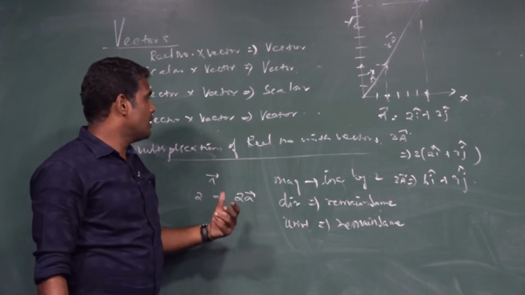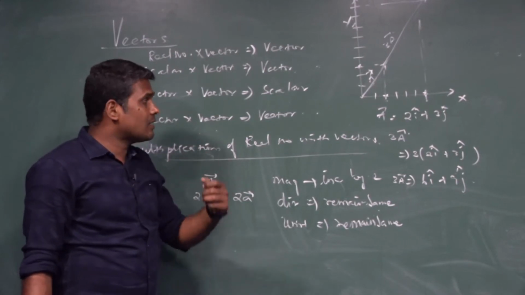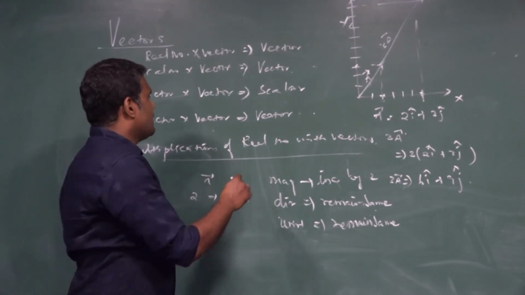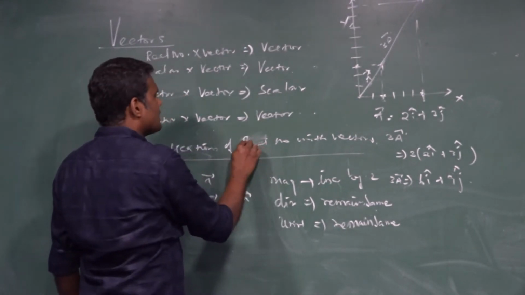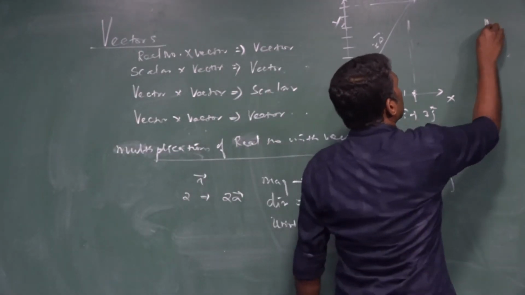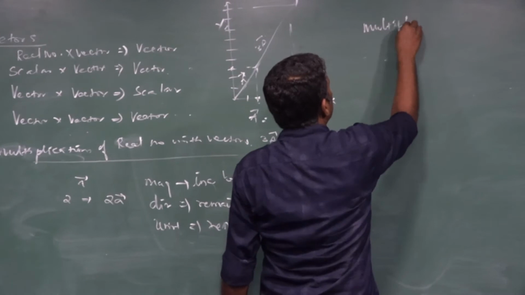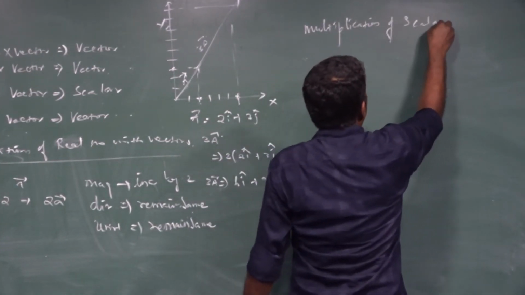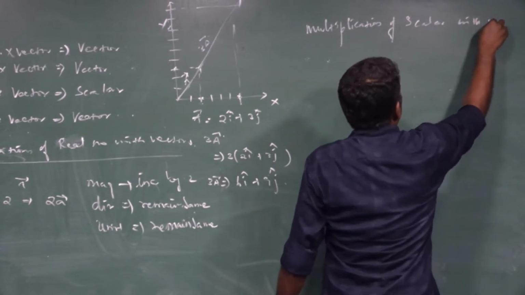What will happen if you multiply a scalar with a vector? We shall go on to the other heading, multiplication of a scalar with a vector.